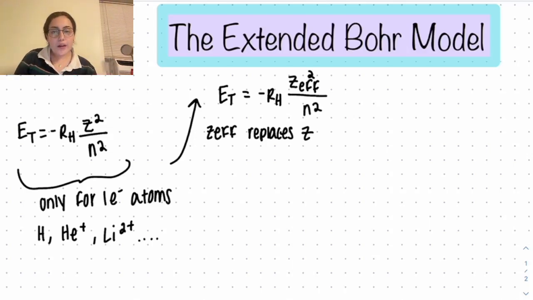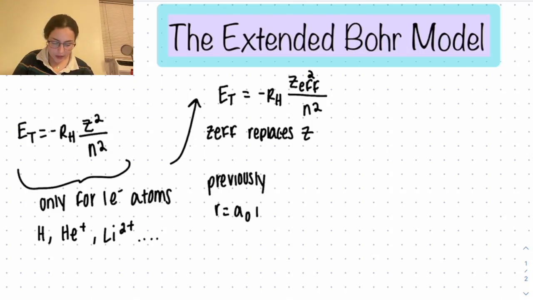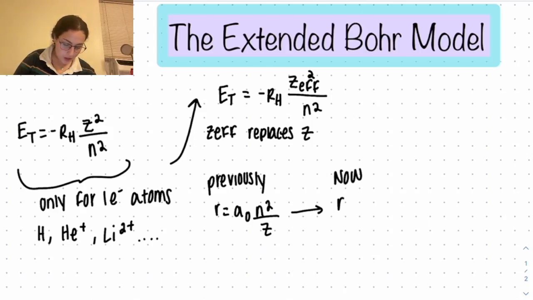We also had another equation for the radius. Previously this was R equals A naught N squared over Z. But now we can replace our Z with Z effective to give us R equals A naught N squared over Z effective.